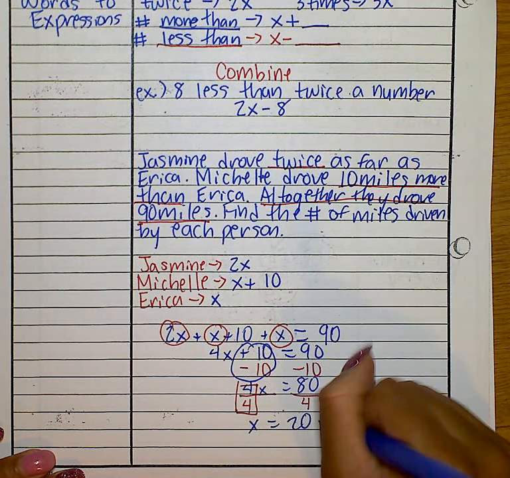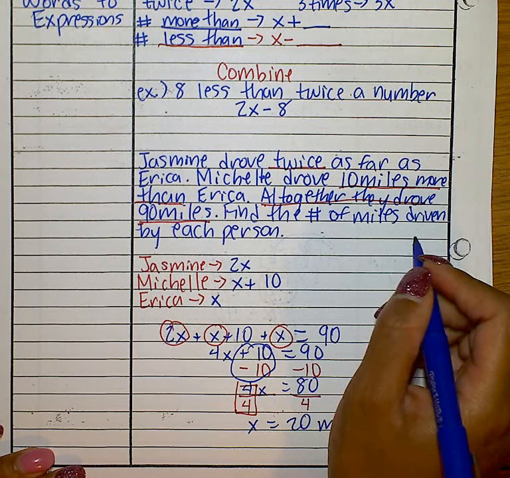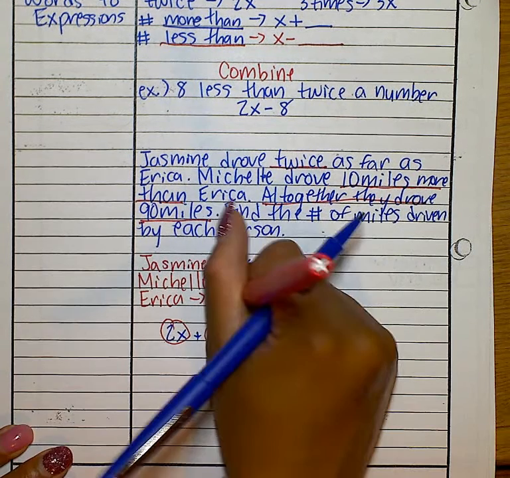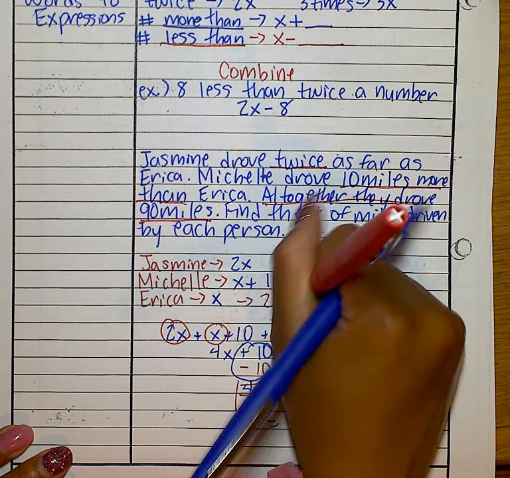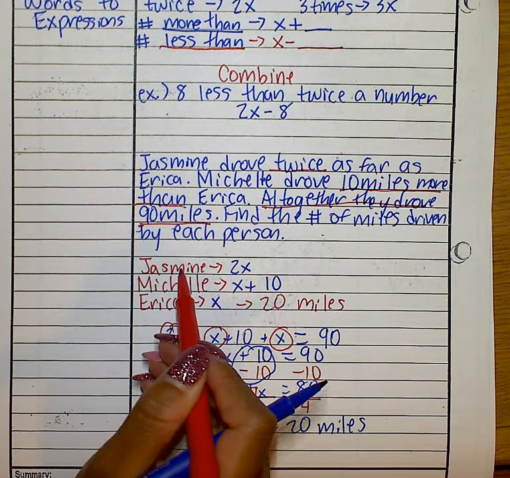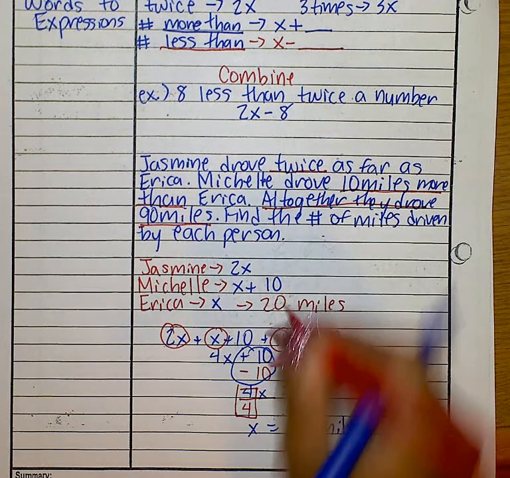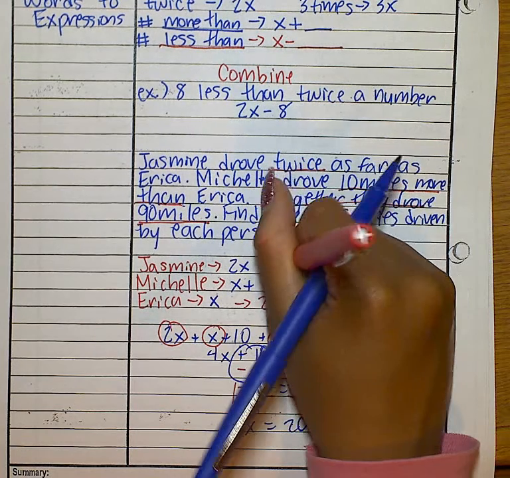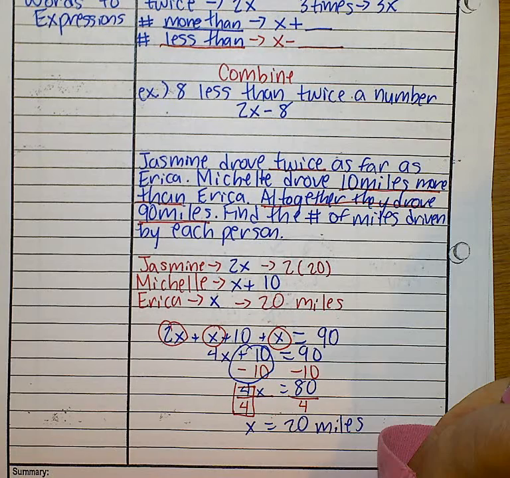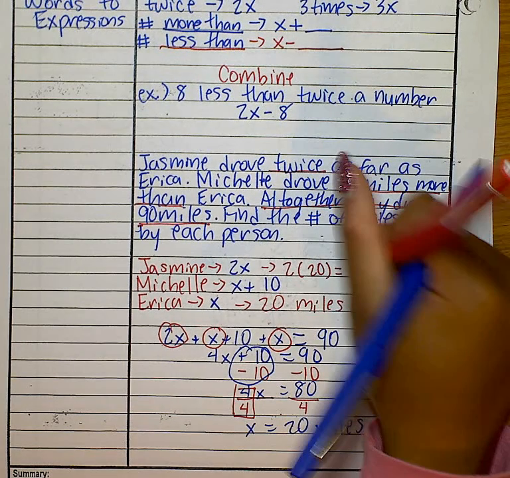Remember, always look back to the question. It says find the number of miles driven by each person. If x is 20 miles, that means Erica is the one who drove 20 miles. But that doesn't tell me exactly how many miles Michelle and Jasmine drove, so I still have to figure it out. Jasmine was 2 times x, so it should be 2 times 20 miles, because I'm just going to input 20 for x. 2 times 20 is 40 miles.